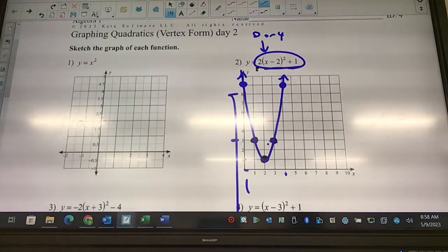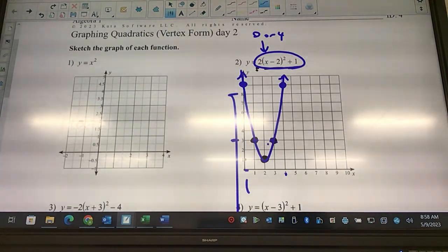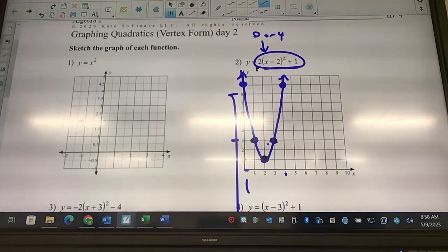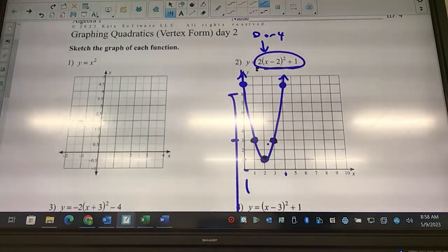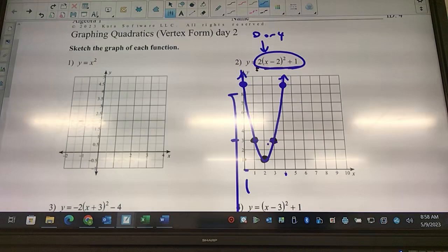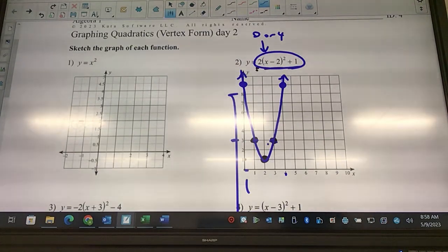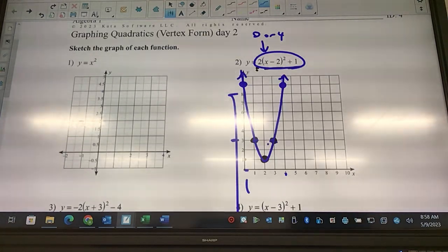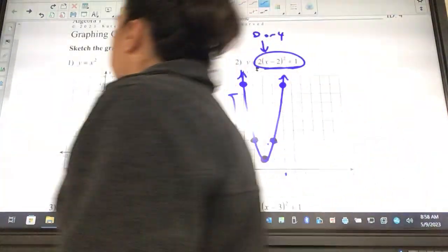Do you feel like that is stretched out or compressed? It is a compression. There's a rule about whether it's compression or not, but that is most definitely compressed.